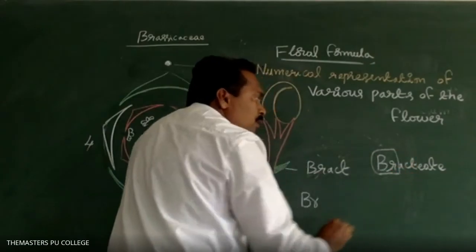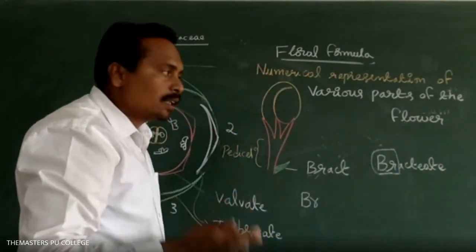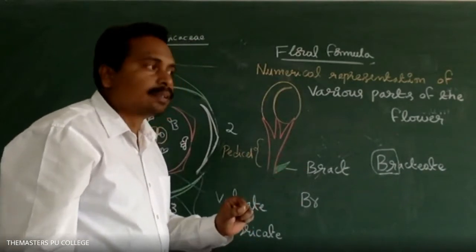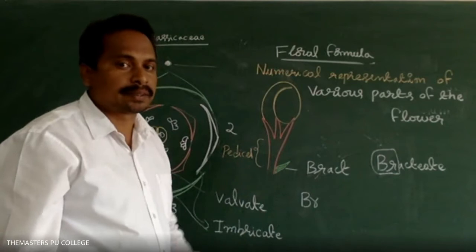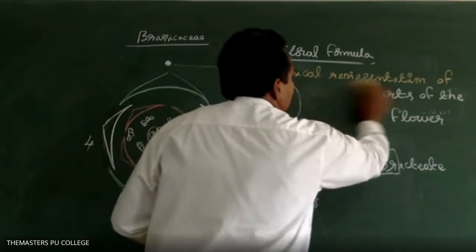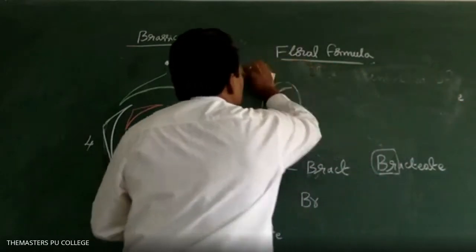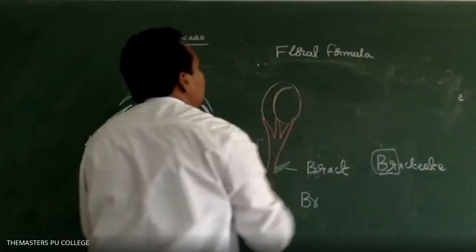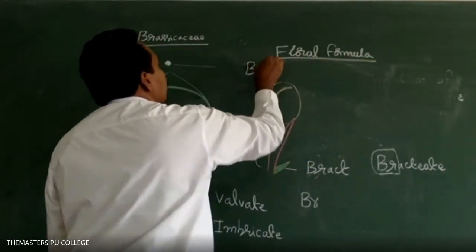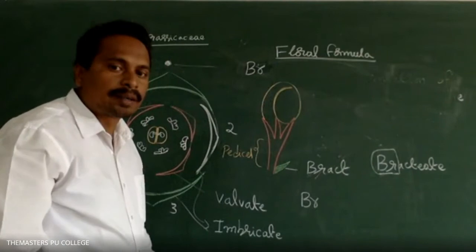R. So BR indicates it; no need to write the complete word in a floral formula. Here BR represents that the flower is bracteate.